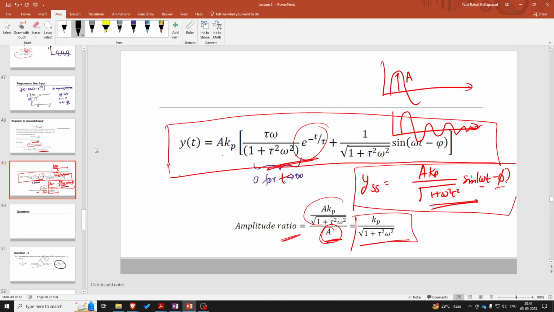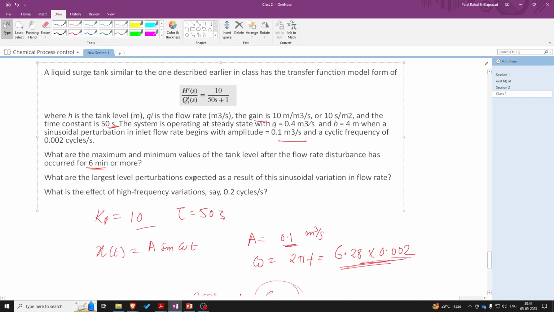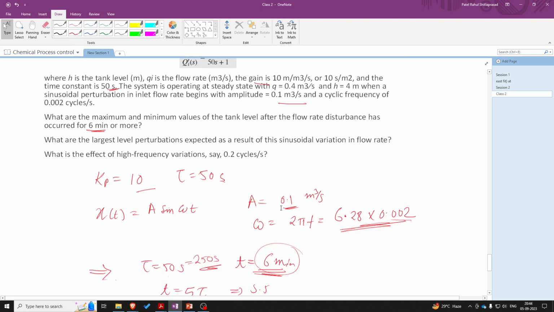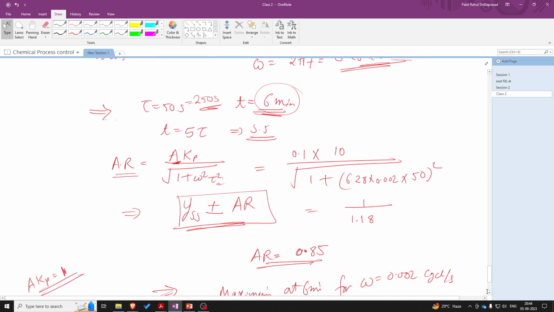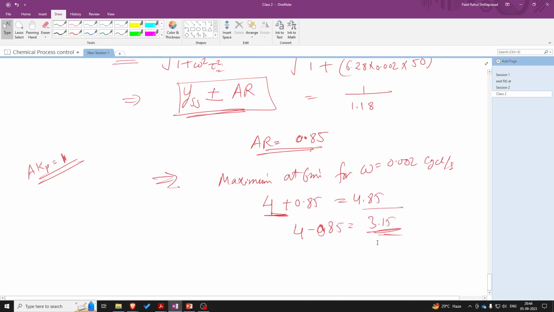The second question we have been asked is, what are the largest level perturbations expected as a result of sinusoidal variation in the flow rate? That is, we haven't been given omega, but we have been asked to find y max and y minimum.